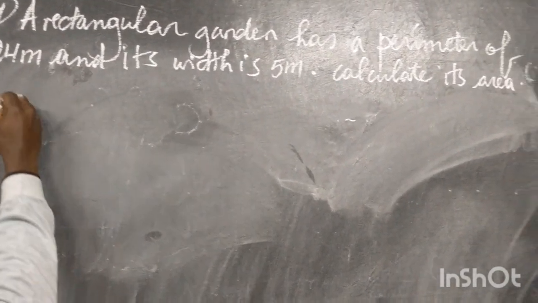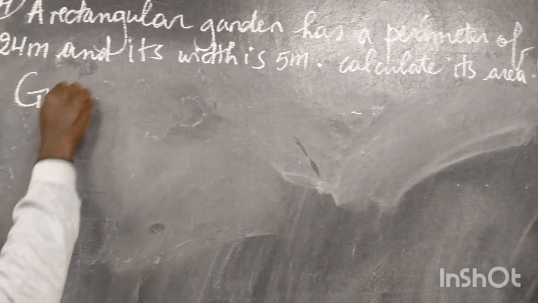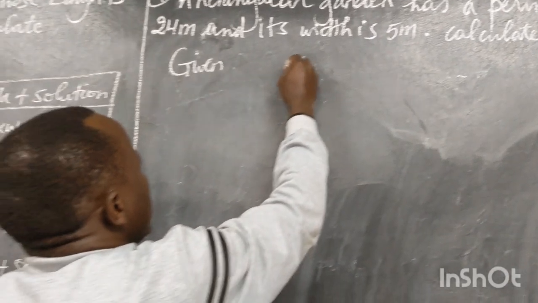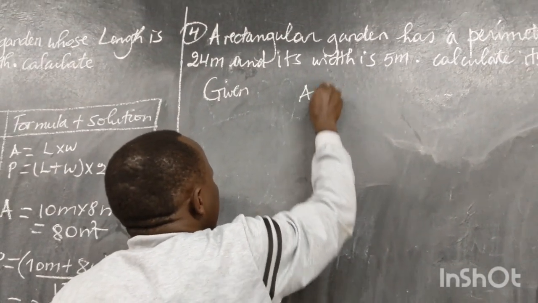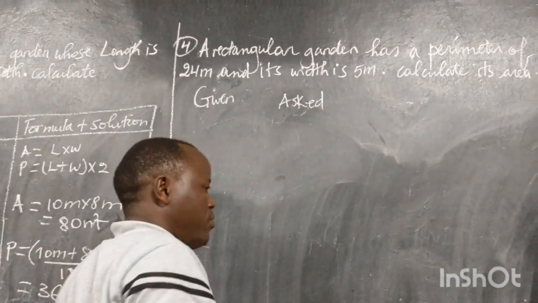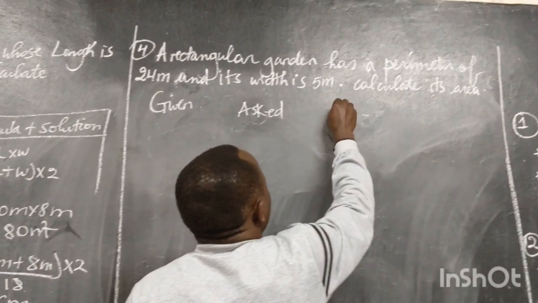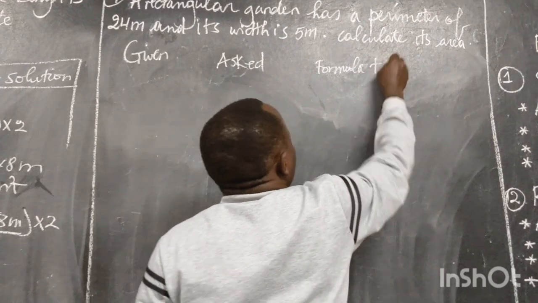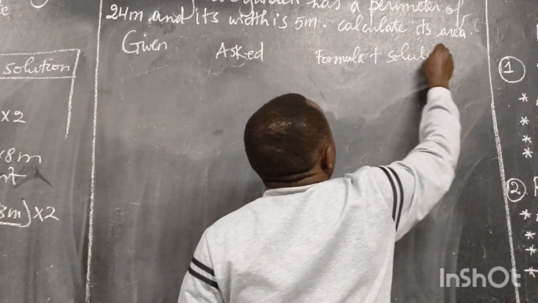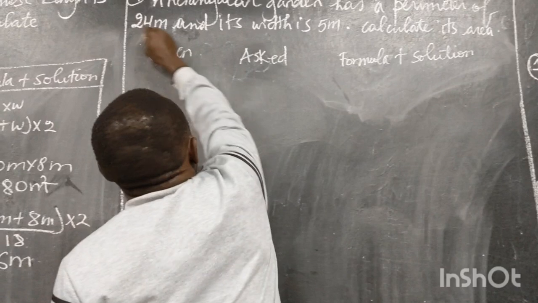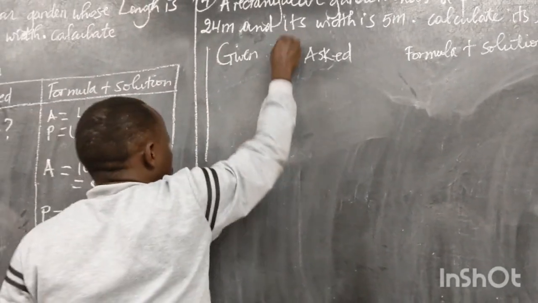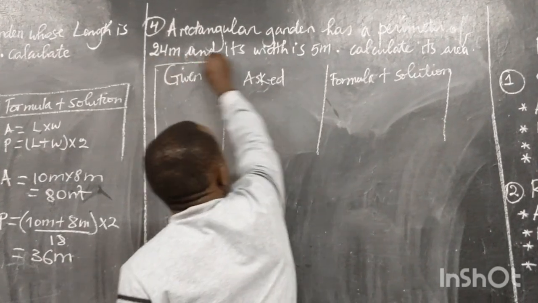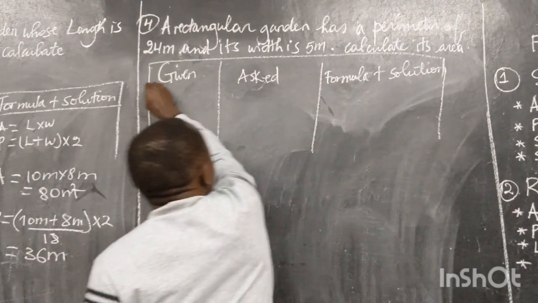So we first draw our table, what is given here, and after finding what is given, we are going to see what is asked in the question. After finding what is asked, we go to formula plus solution. And we draw our table as normal, as usual.